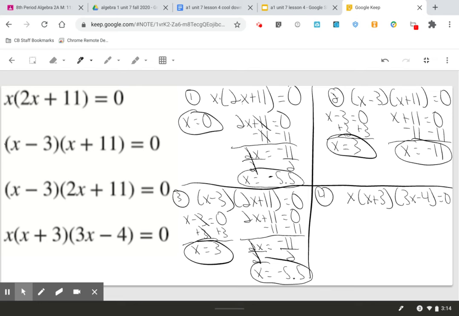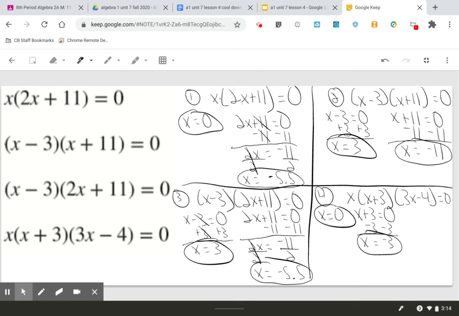I could have 10 factors listed next to each other, and I can find the answer by simply setting each of the 10 factors equal to 0 and solving for x. In this one, there's only 3. First one's easy. x equals 0. Second one, x plus 3 equals 0, and I'll subtract 3 from both sides. So that's x equals negative 3.